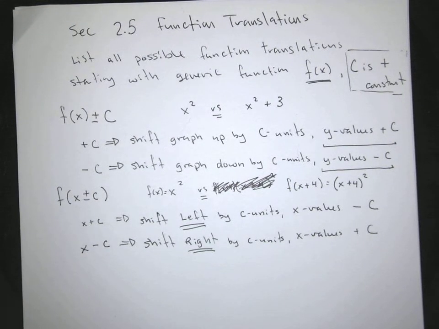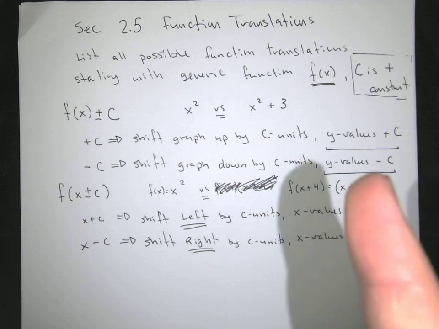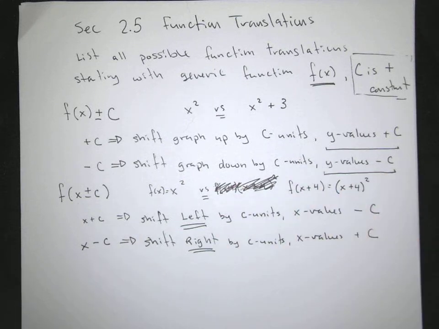So shifting left and right is a little bit backwards from what people's expectations normally are. If you're doing x value plus c, you actually shift to the left. If you're doing x value minus c, it actually shifts you to the right. What's happening there is you're losing value from your inputs, so you're getting to the coordinates a little bit later than you would otherwise.